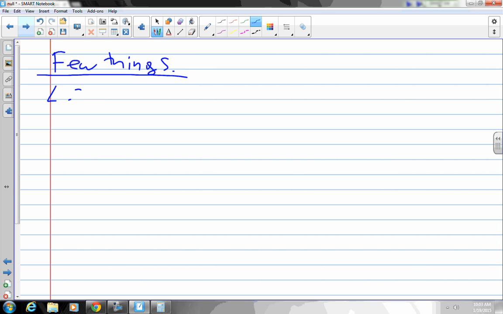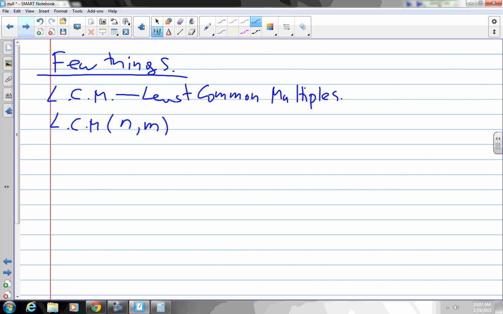So we need to talk about LCM, least common multiples. You know what that is? Least common multiple. The same as least common denominator, really. That's the same idea. So the way you do that, if you want to find LCM of 2 integers, LCM of n and m, where n and m are some natural numbers, you do it in 2 steps. 1, perform prime factorization of both.